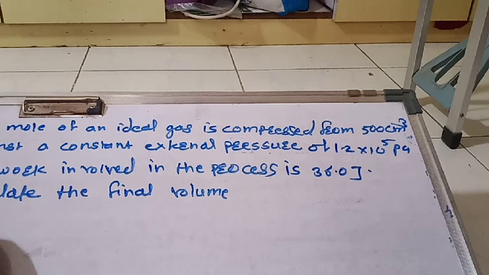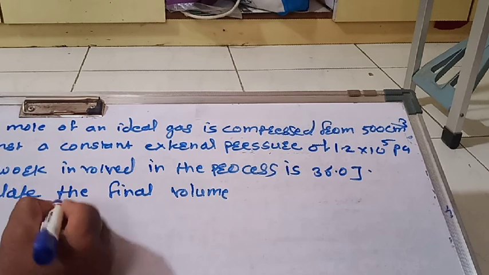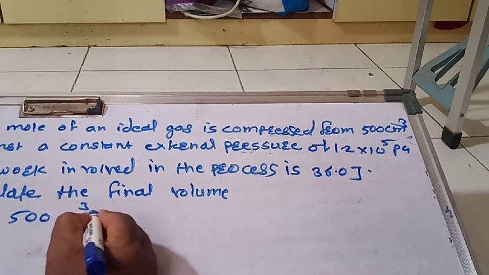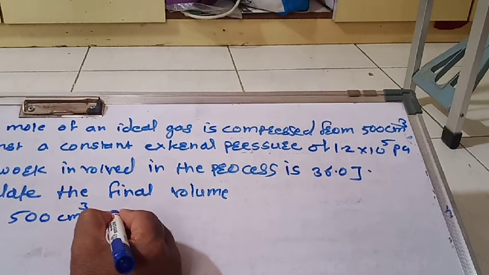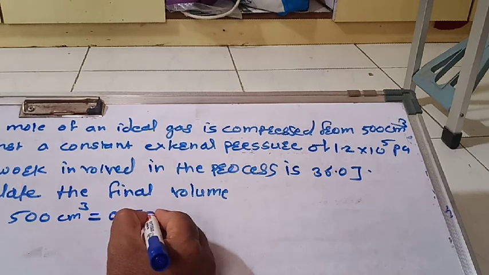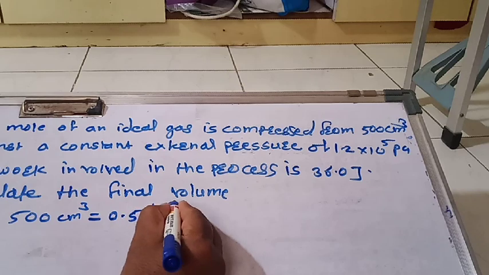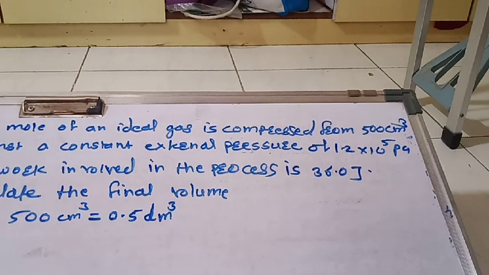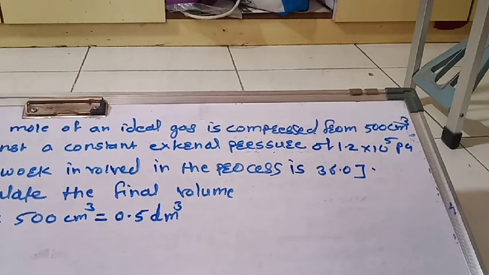Now first you have to write given. V1 is equal to 500 cubic centimeter is equal to 0.5 decimeter cube. V2 you have to find.